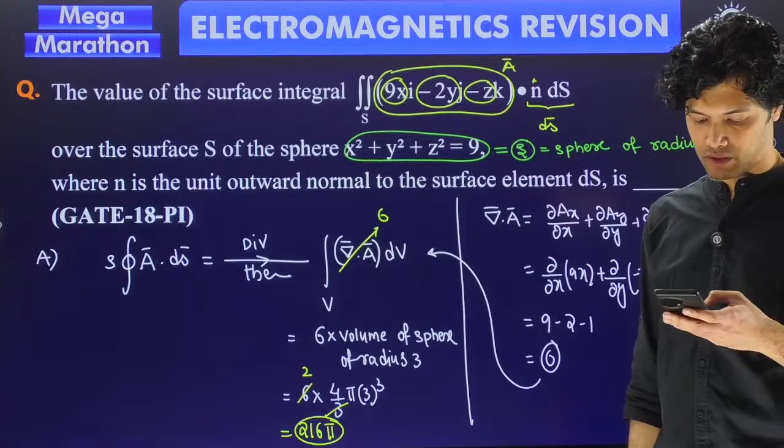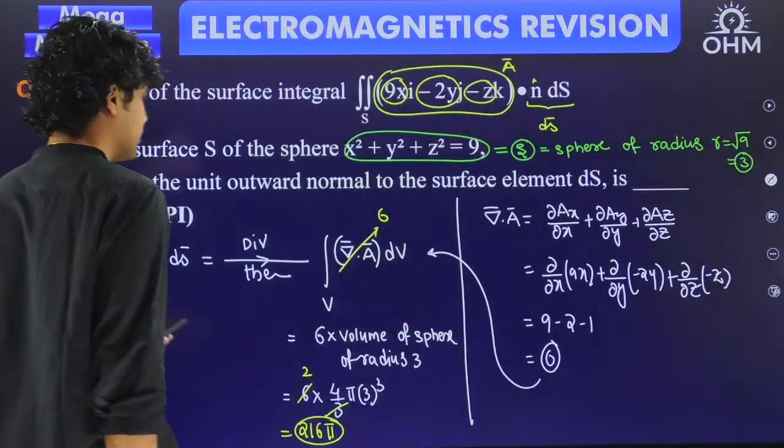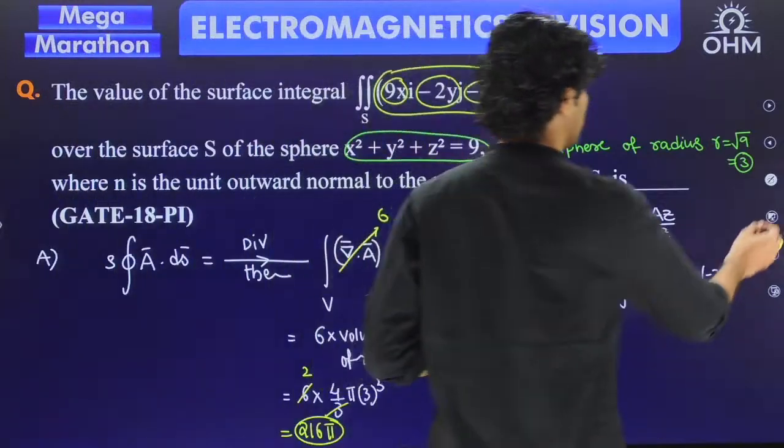Yeah, 216 pi. Good. Lal Kumar, I think somewhere you have made a mistake. Please cross verify.